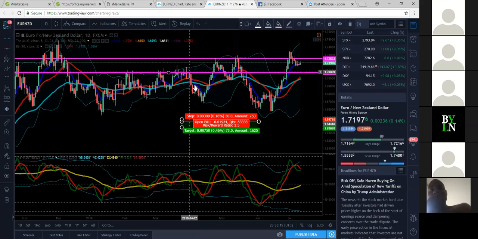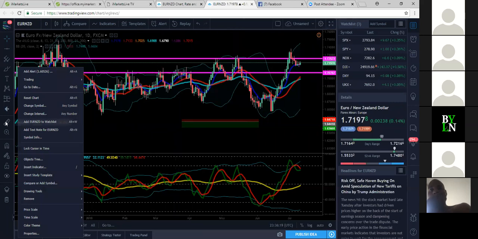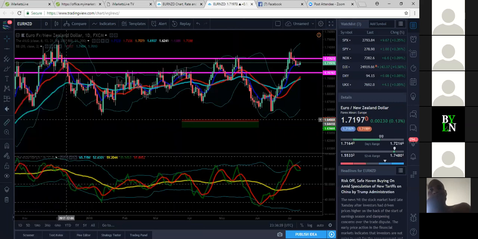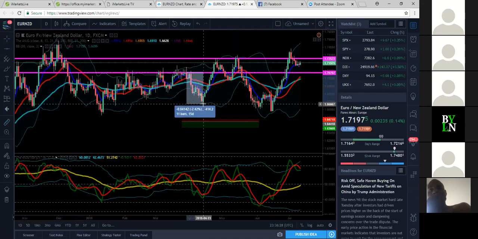And then she dropped. So I'm going to measure this drop right here with the position tool. 396 pips. Good. Okay. Now, that was the second one.